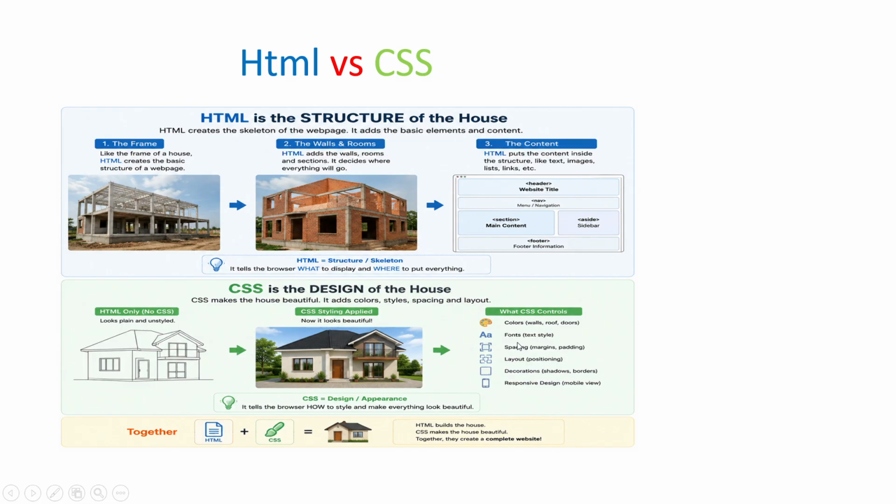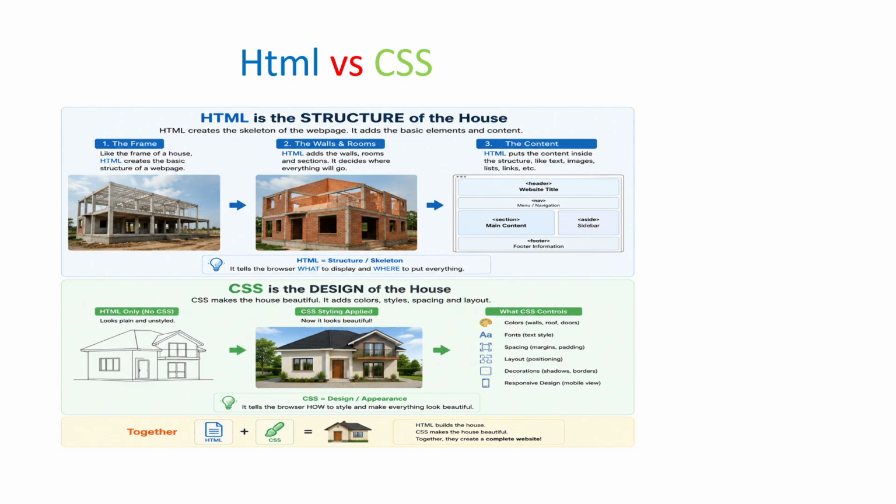What does CSS control? When we speak of CSS, we control colors, fonts, spacing, layouts, decoration, and responsive designs. For now, take it easy. You'll understand as time goes on. And if you're a beginner, for today it may be hard for you to understand, but just take it easy.